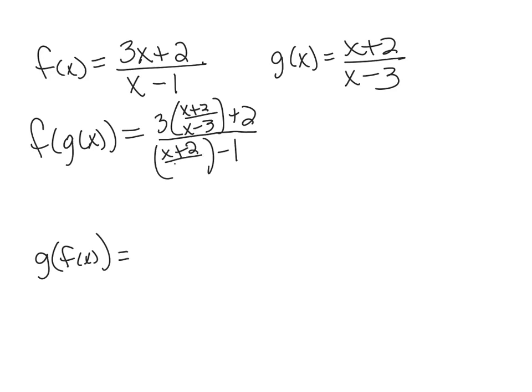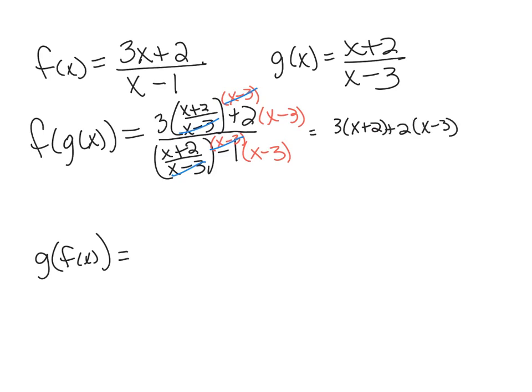Then we're going to multiply the top and the bottom by the denominator, but then that gets distributed. When we multiply the top and the bottom by the same thing, we're just multiplying by 1. So we get 3 times the top, it's always this form, plus 2 times the thing that was in the bottom.